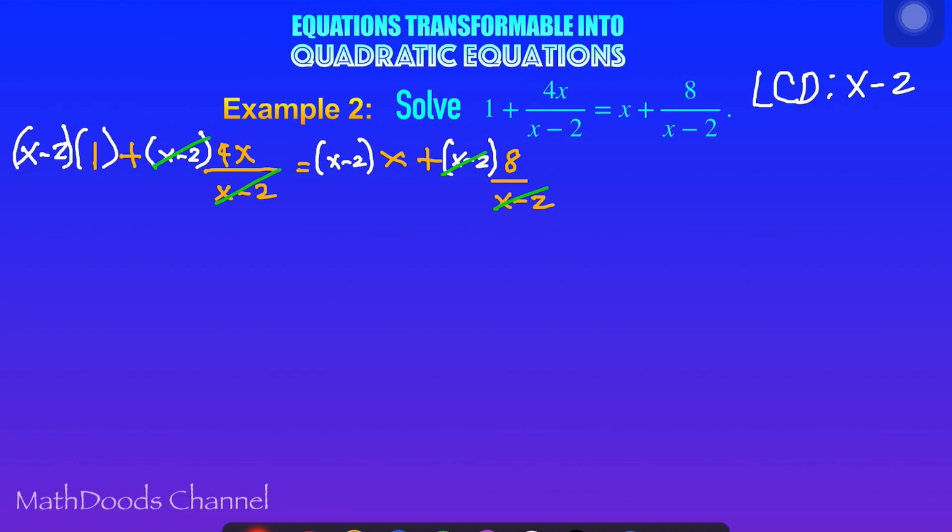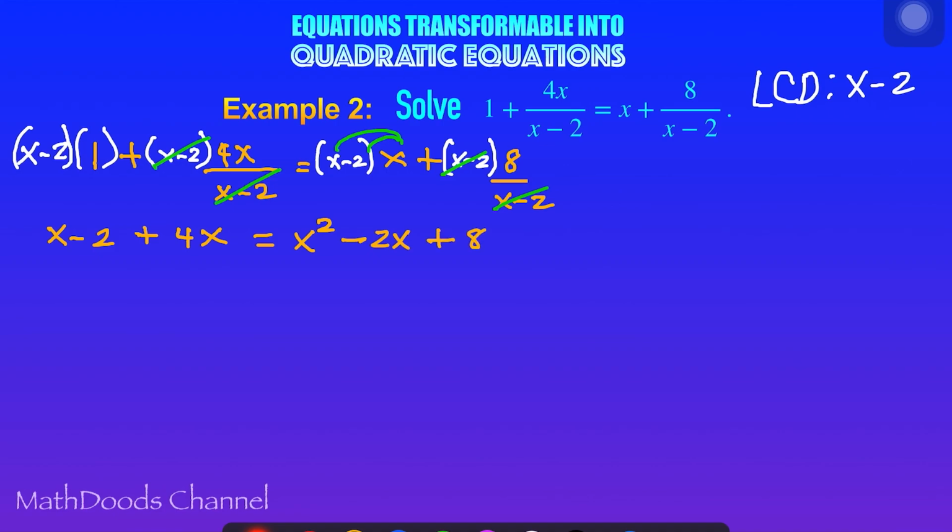X minus 2 times 1 is x minus 2 pa rin. Plus 4x, kasi yun na lang natira. Equals, distribute natin si x. X squared. X times x is x squared. Negative 2 times 2x is negative 2x.